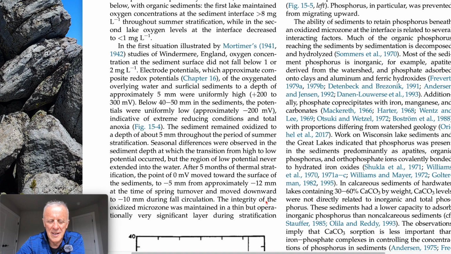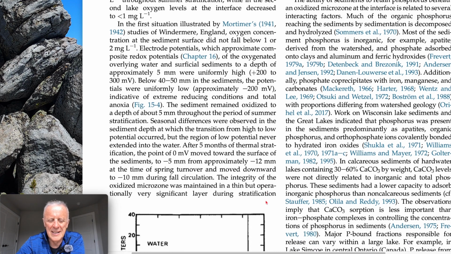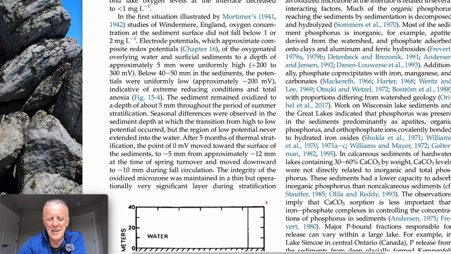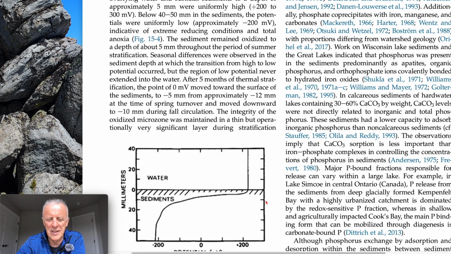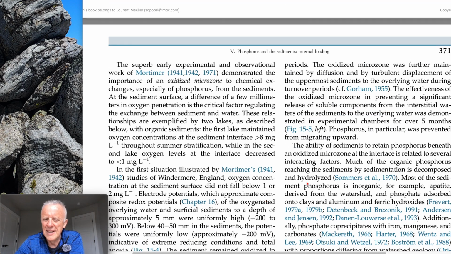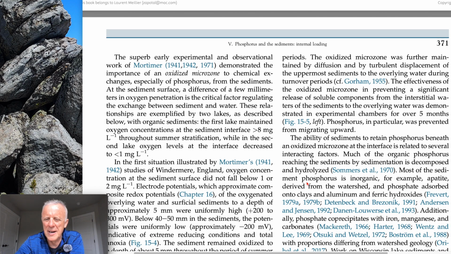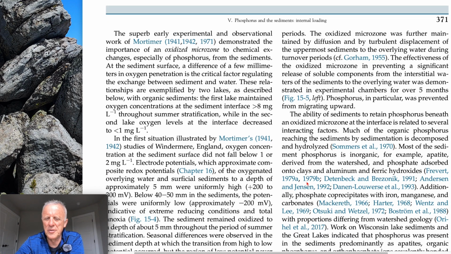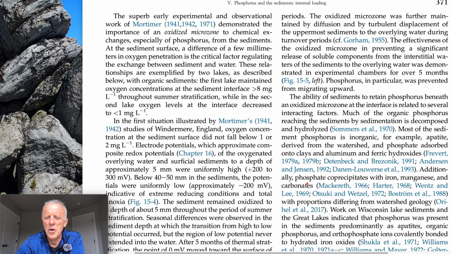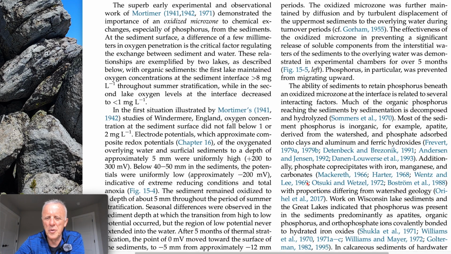The integrity of the oxidized macrozones was maintained in a thin but operationally very significant layer during stratification periods. The oxidized macrozone was further maintained by diffusion and by turbulent displacement of the uppermost sediments to the overlying water during turnover periods.